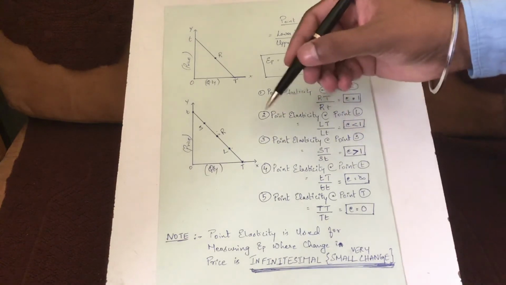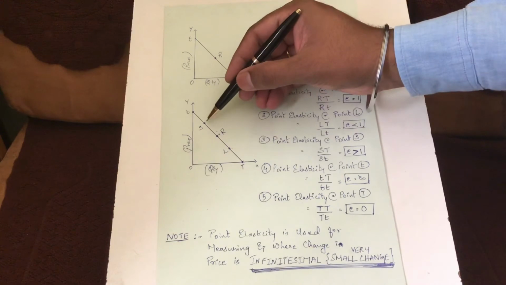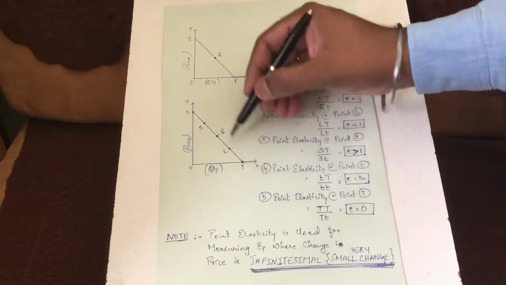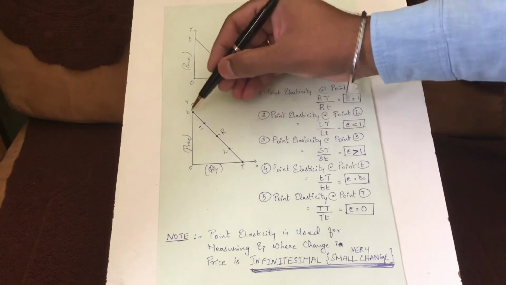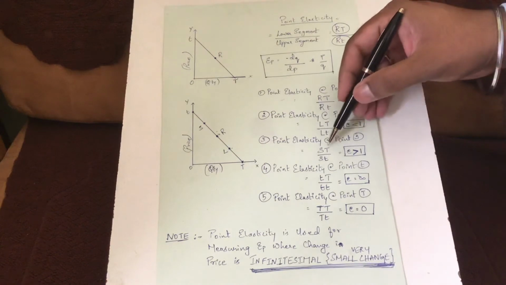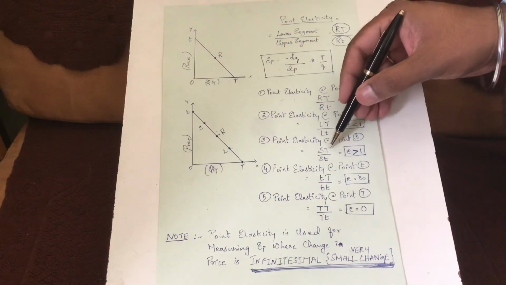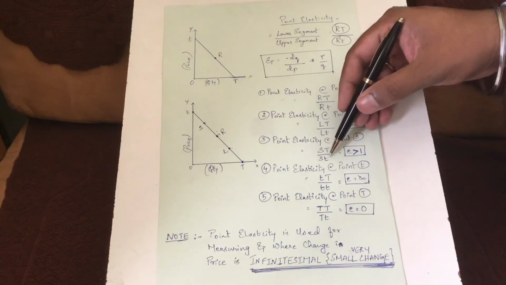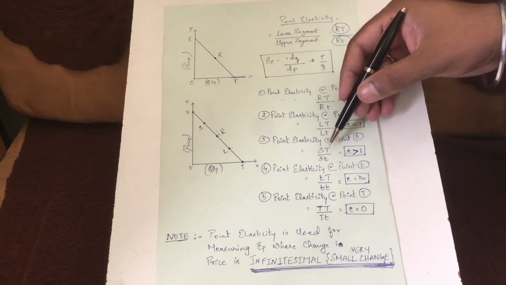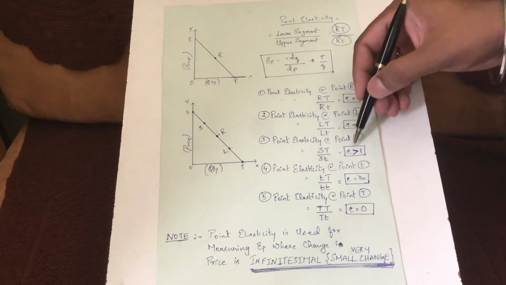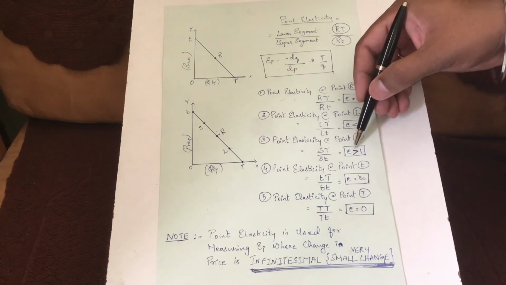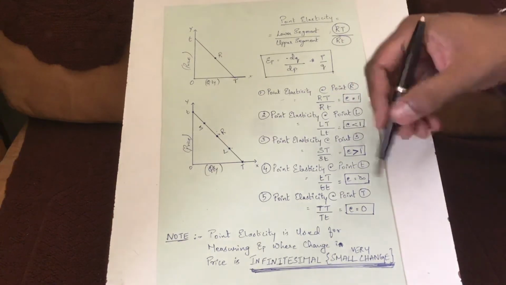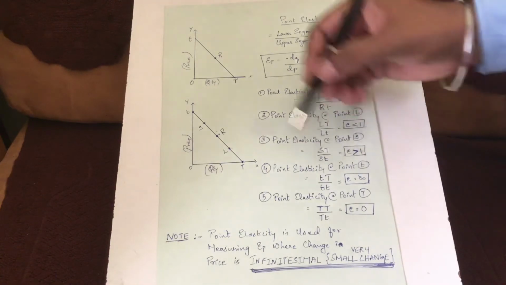Just as a matter of substantiation, please check the distance of S capital T is greater than the distance of S small t, which means the numerator is greater than the denominator. When the numerator is greater than the denominator, obviously I am going to get E greater than 1.